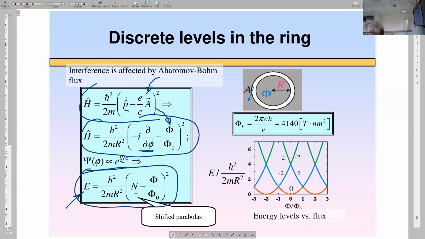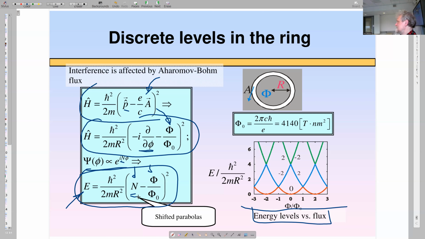So we have a discrete variable which labels the parabolas and a continuous variable which tries to make a certain discrete value energetically favorable. All right. So if I change the flux, I will have a periodic picture. It's not surprising because it's the Aharonov-Bohm effect, but that n would increase with increasing flux.